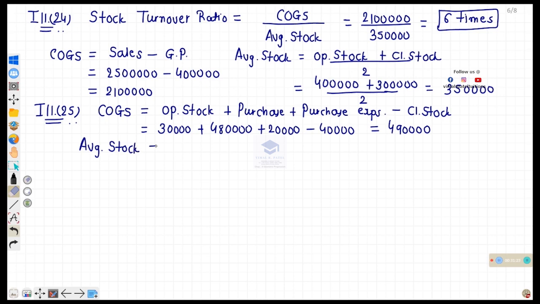Average stock, opening stock plus closing stock divided by 2, so 35,000.